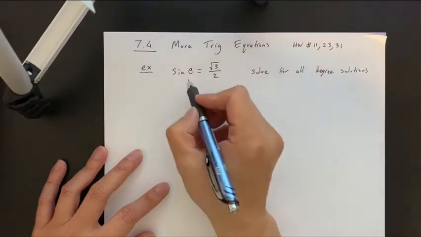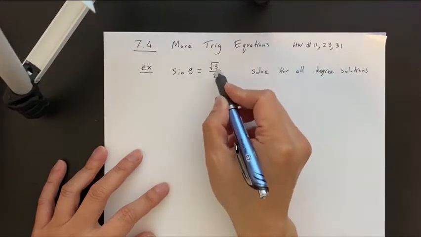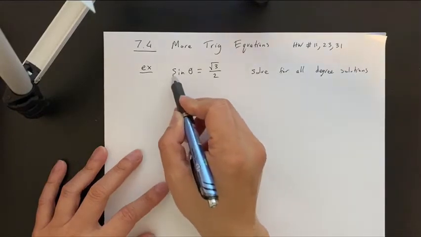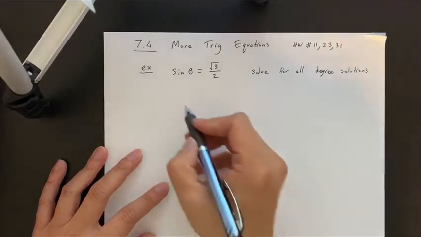Okay, so sine of theta is equal to root 3 over 2. We want to solve for all values of theta such that when I plug it into this equation, it will be true.